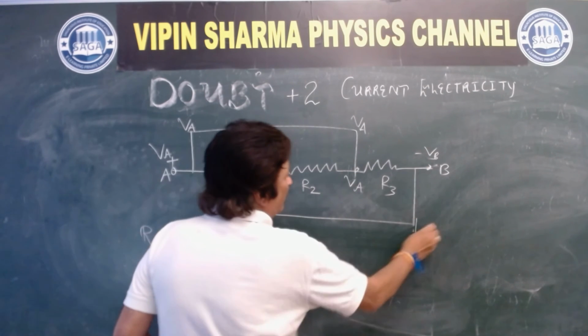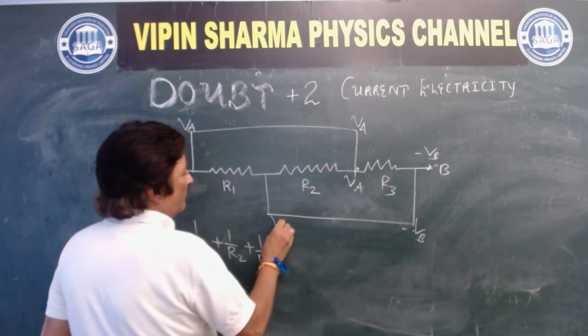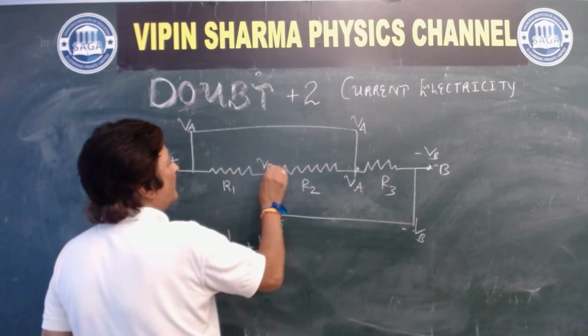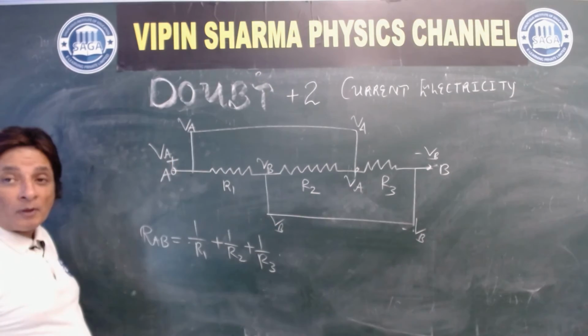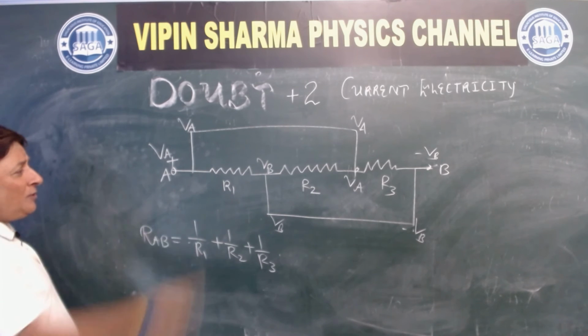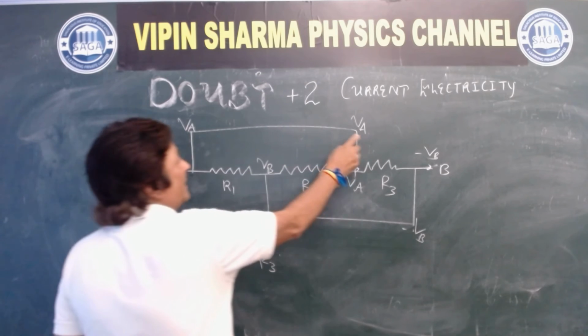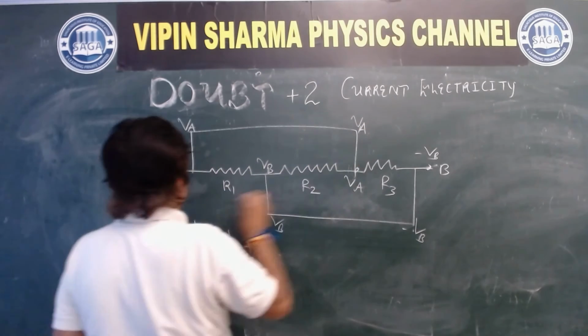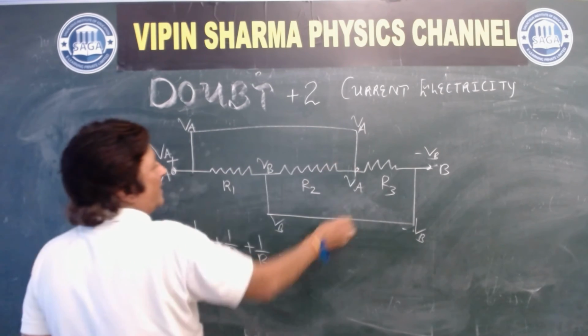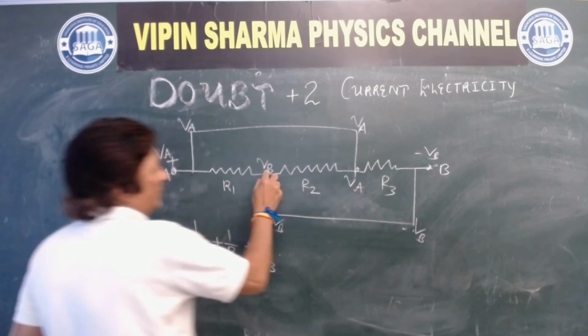This is VB, so the potential will be VB and VB, because all this will be at the same potential. This is VA, VA, VA, VA. This is VB and this is VB.